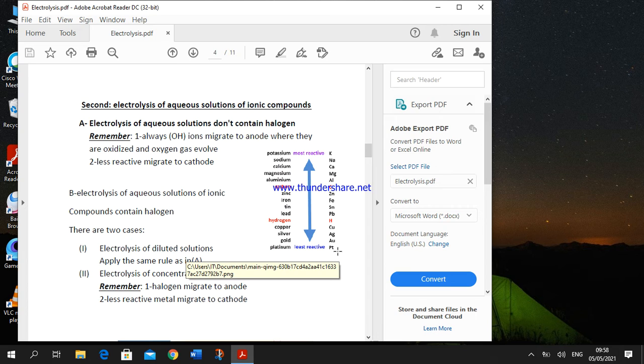The cathode, the negative electrode, attracts positive metal ions and the hydrogen positive ions produced from the ionization of water, but the cathode will only discharge one. The ion of the least reactive element will be discharged according to the chemical activity series.